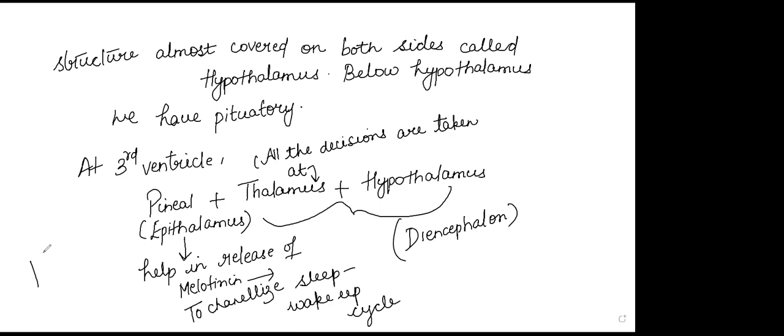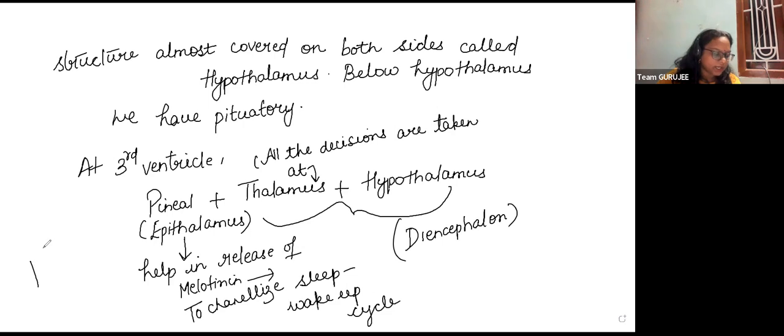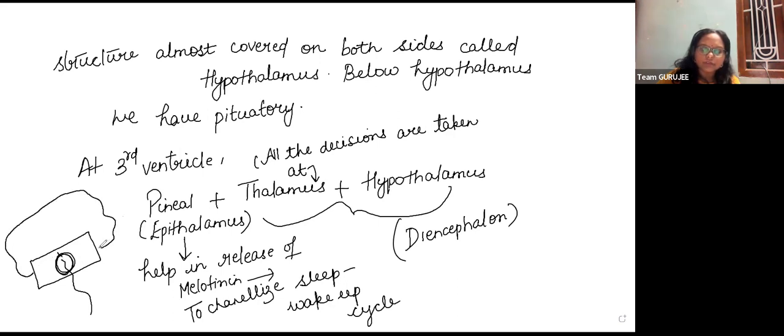Yes, ma'am. Okay, so what I was telling you is that this is the third ventricle. In this third ventricle, you have the thalamus. All the informations will come here, and from here it will go on. On the third ventricle, I told you what is situated: the forebrain, your cerebrum.